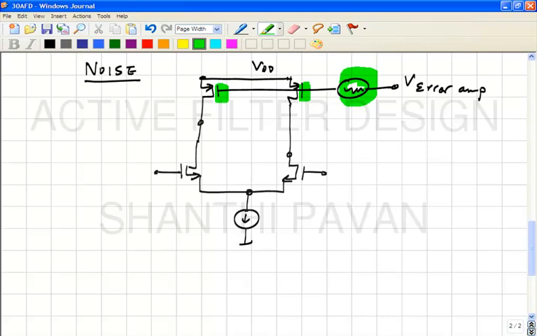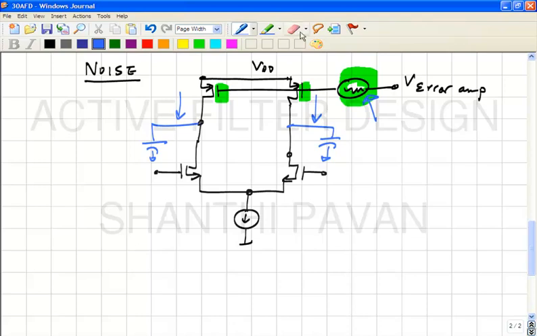Now, if the same noise source is applied to both these gates, the noise current in each of these transistors due to this noise source is the same, right? And these noise currents are going to flow into the same integrating capacitances, causing the same voltage drop, which means differentially they cancel.